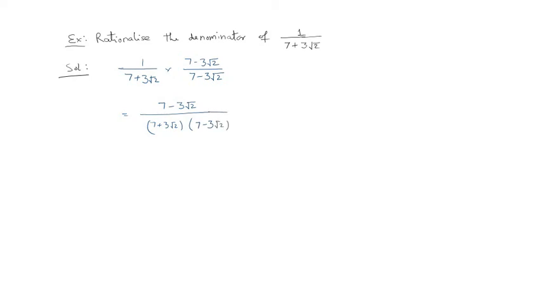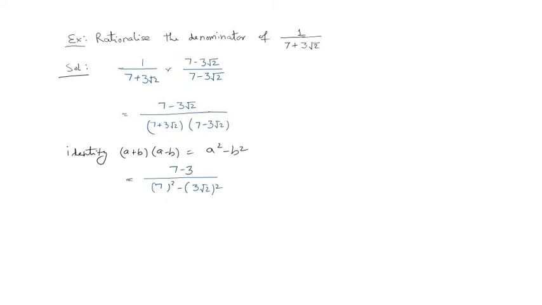So here applying the identity. What is that identity? a plus b times a minus b is equal to a square minus b square. So here we will apply this identity. So we will get a square, that is 7 square, minus b square, that is 3 square root of 2 square.